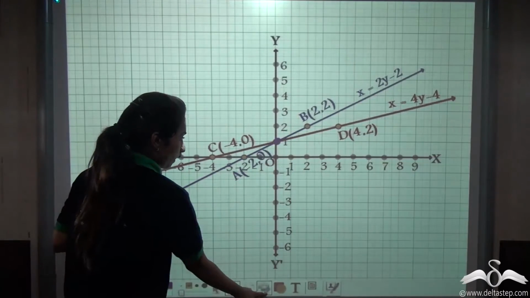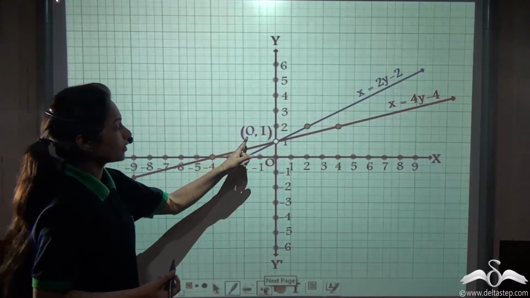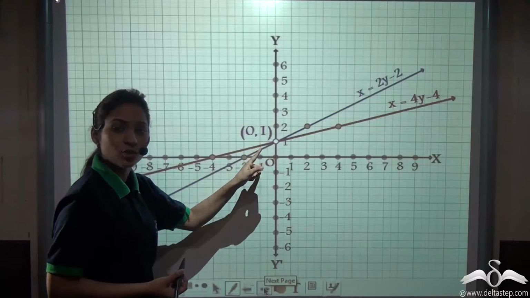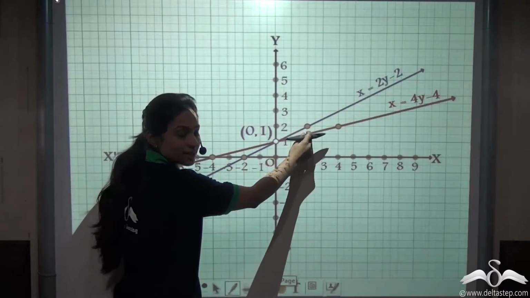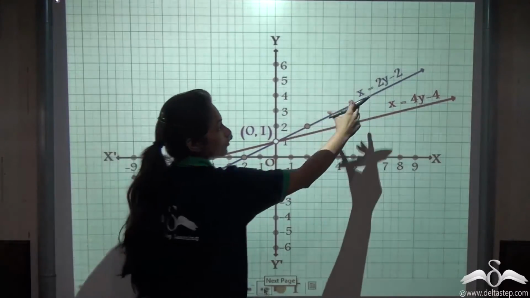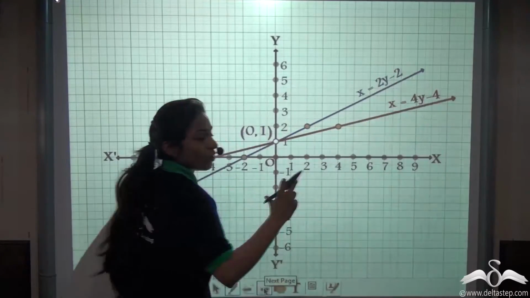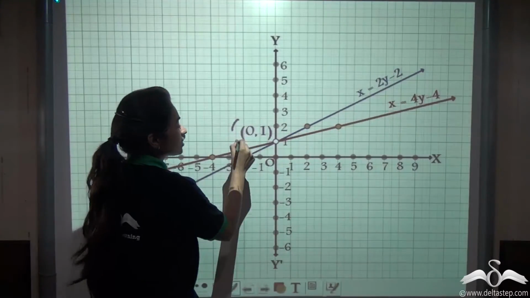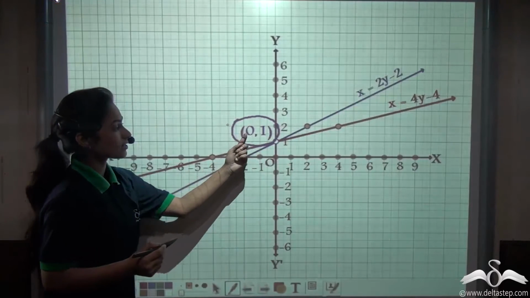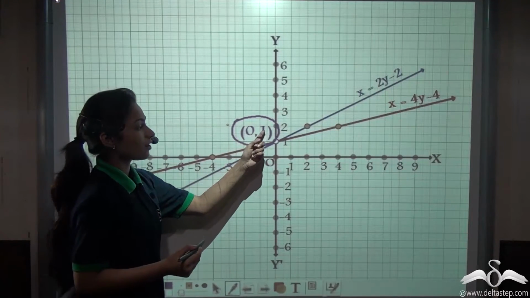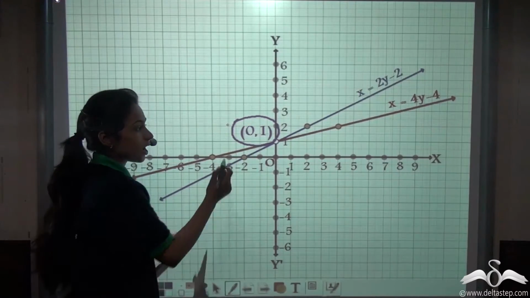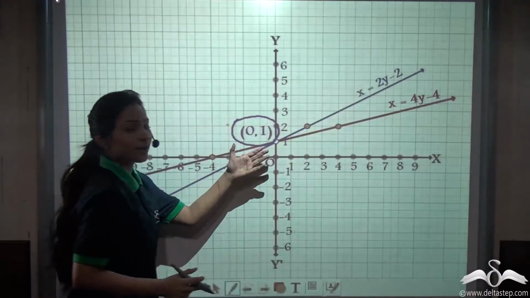Correct? So this point 0, 1 is the solution for both these lines. So we can say that the solution for these two equations, when we solve them simultaneously, will give us 0, 1, where x will represent 0 and y will represent 1. So this is how you solve these two equations graphically.